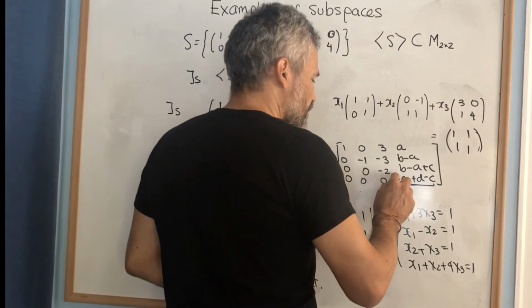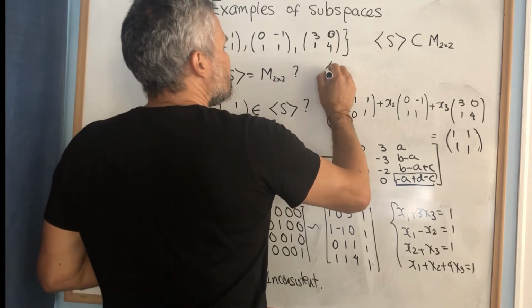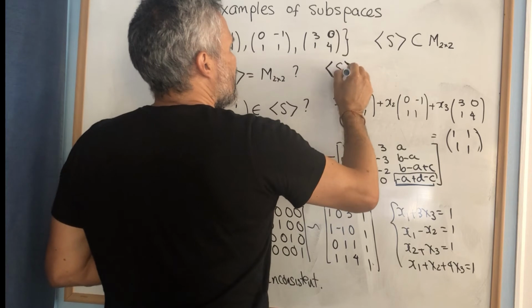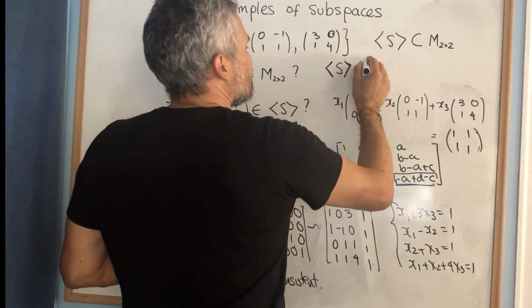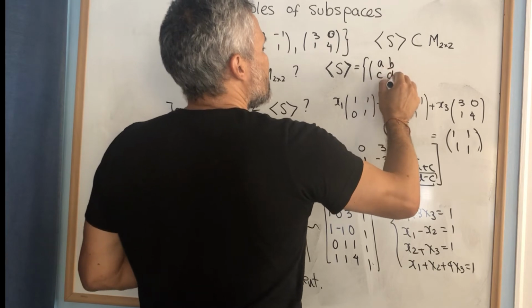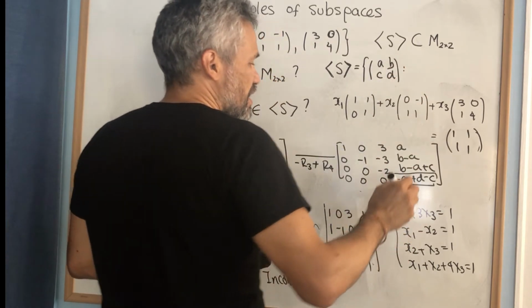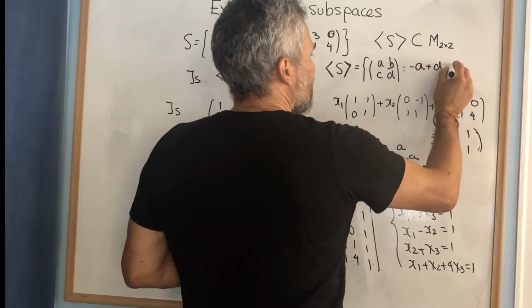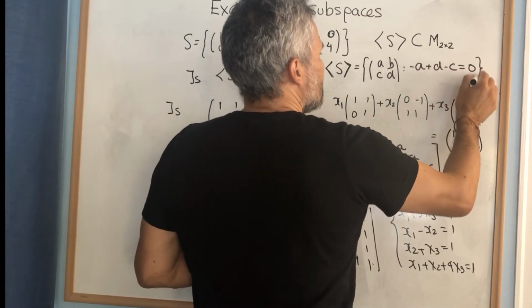We can go a little further and say that this space is just the collection of matrices A, B, C, and D, such that -A plus D minus C is equal to 0.